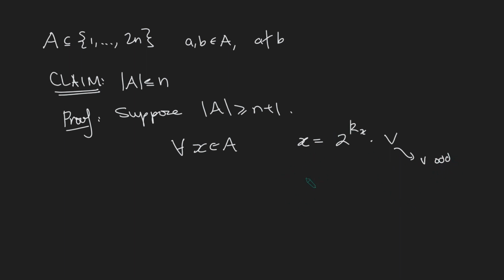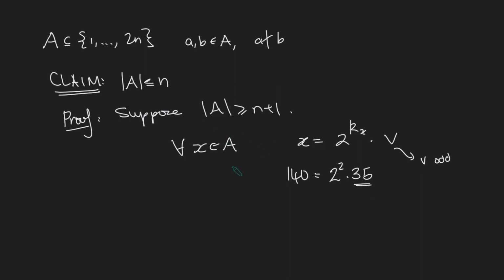For example, let's imagine 140 was in our set. We can write 140 as 2 squared times 35, and 35 here is that odd integer. You're basically stripping out as many powers of 2 as you can until you're left with an odd integer. We're going to write all of the numbers in A in this form.